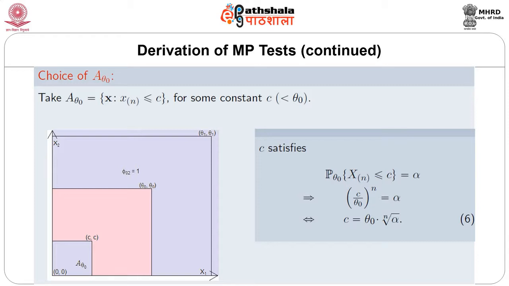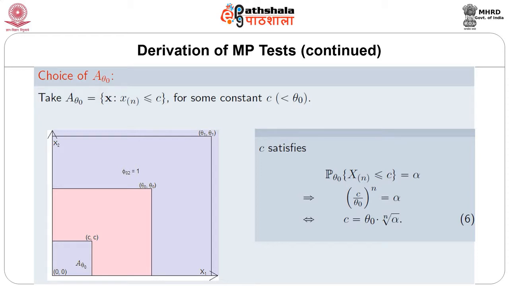So, c satisfies probability x order n less than or equal to c under theta naught is alpha. Now, x order n is less than or equal to c means all x1, x2, xn are less than or equal to c. So, this probability is the same as probability that x1 is less than or equal to c, simultaneously x2 is less than or equal to c, and xn is less than or equal to c.